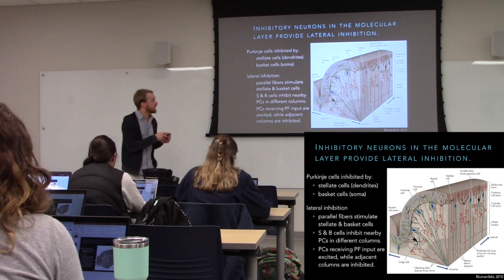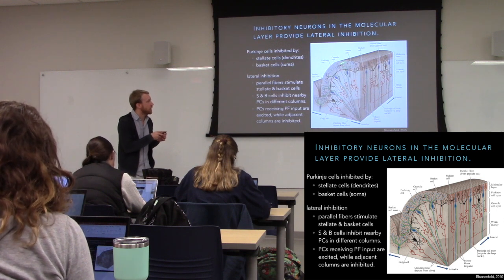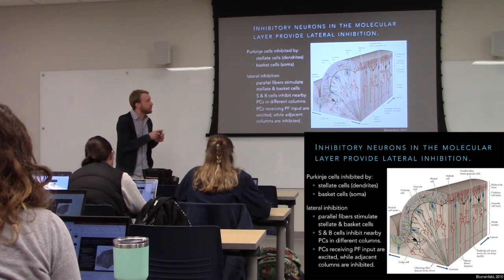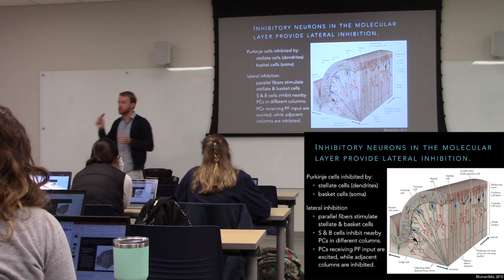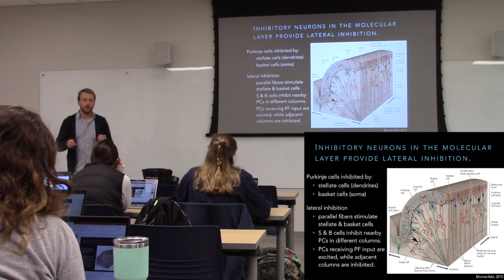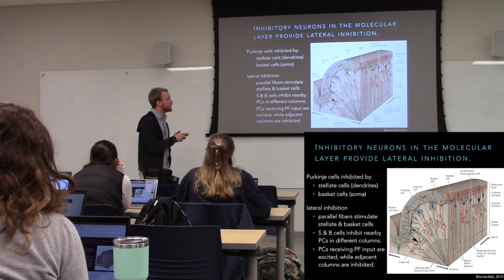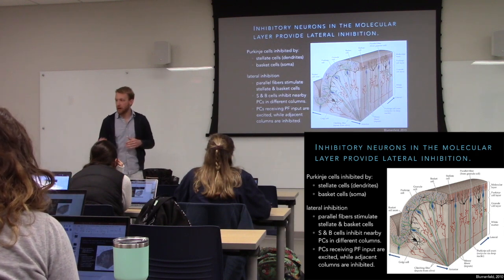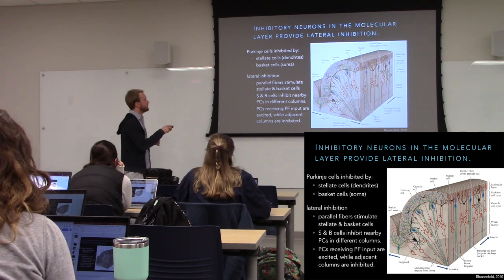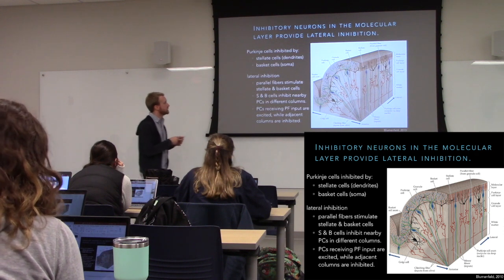So whenever we have excitatory input in this area, let's say, so parallel fibers are firing, they're releasing glutamate. They're going to stimulate our Purkinje cells, and the ones that are active are going to stand out a little more because of the activity of our stellate and basket cells.